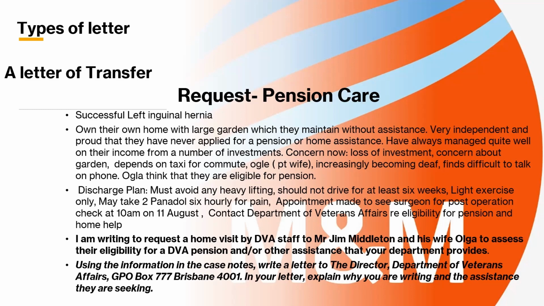So you can see we are writing this letter to the Department of Veteran Affairs. In the regarding part, you just write: DVA pension care for Mr. and Mrs. XYZ.